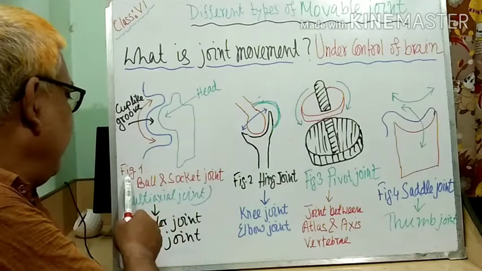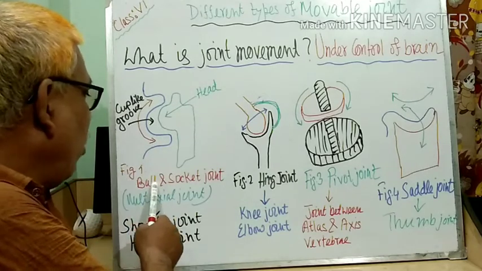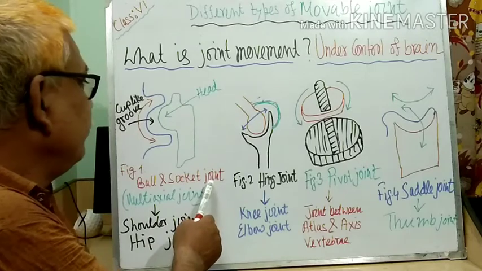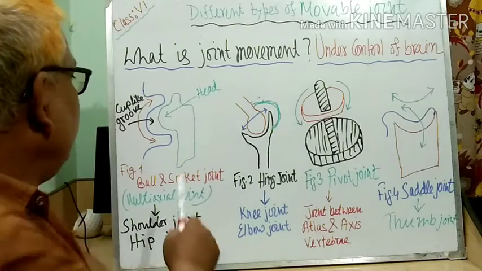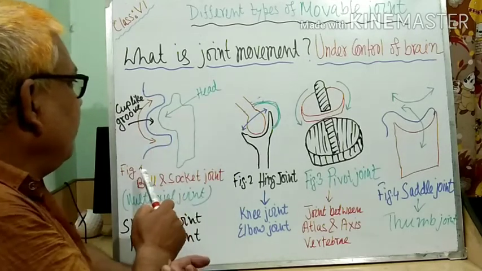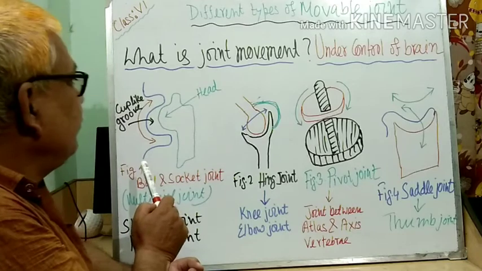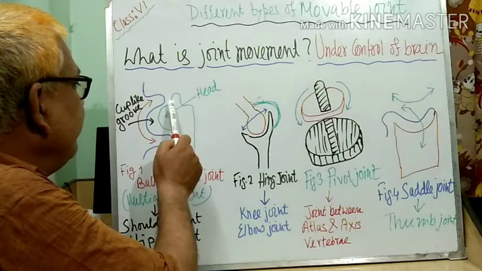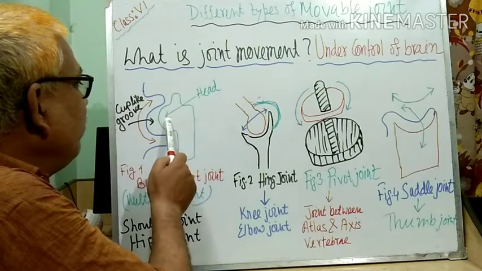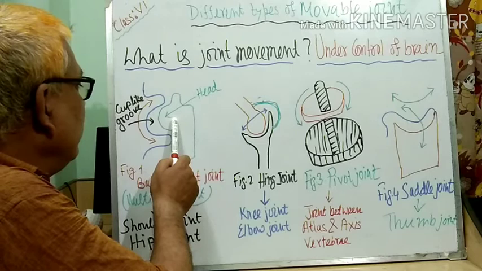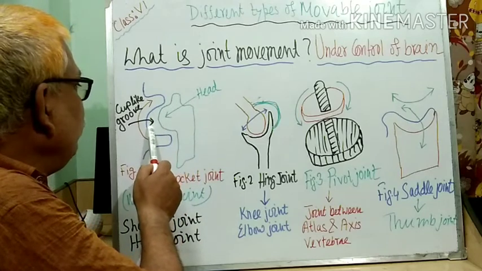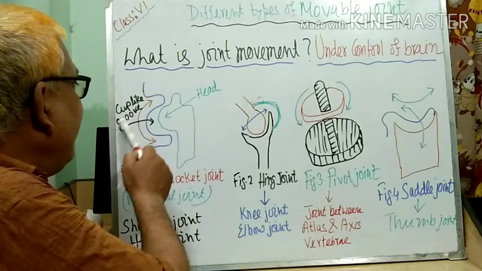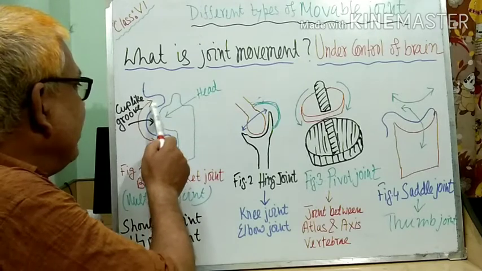Number 1, figure 1, ball and socket joint. This is the picture. Look here, the round head of a bone comes in contact with the cup-like groove of another bone.